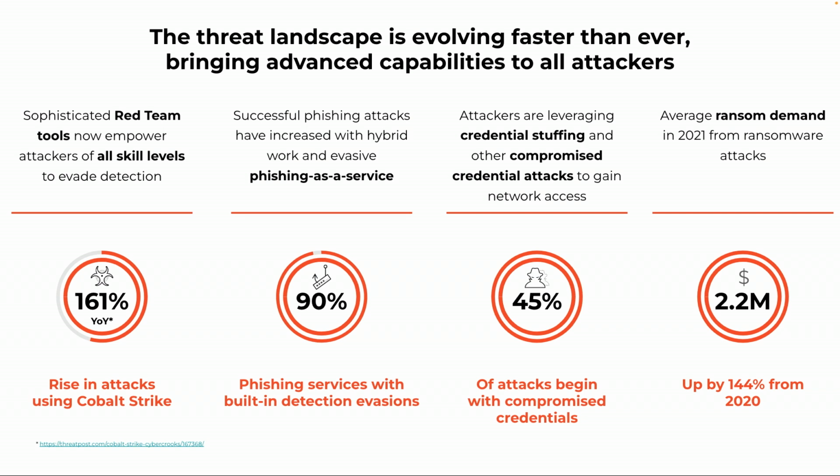Cobalt Strike's malleable C2 framework makes it extremely hard to identify C2 communications in normal traffic. About 60% of command and control is undetected in today's network security stack. Threat actors leverage techniques such as base64 encoding and encryption to hide and mask the C2 channel and data exfiltration.